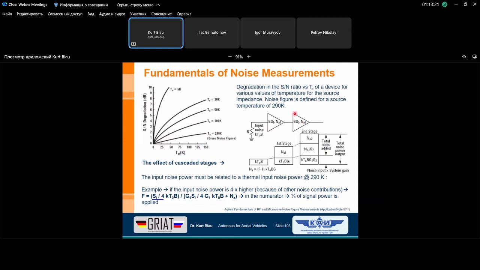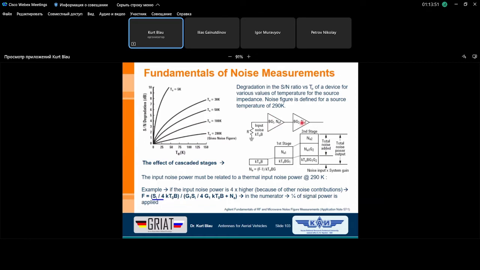Then it's only B, the bandwidth B, but we will see that we can set both bandwidths equal, because only the overall bandwidth is important. Then the second amplifier with the power amplification G2 and the inside added noise power NA2.